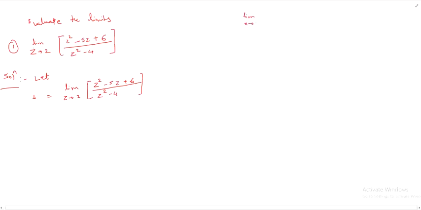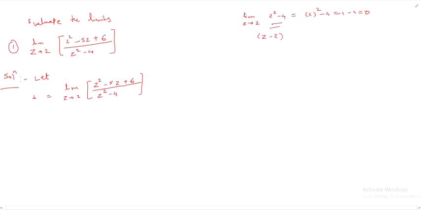So limit z tends to 2 of z square minus 4 is equal to what? If we put z equal to 2, then 2 square minus 4, that is 4 minus 4, is equal to 0. So obviously there is a factor z minus 2 in this polynomial.